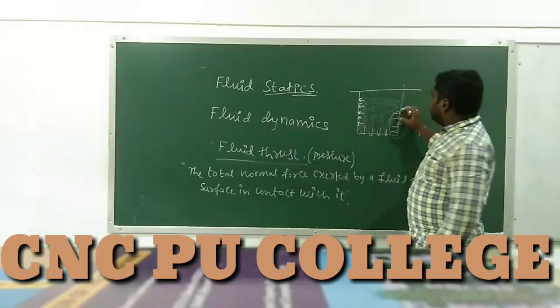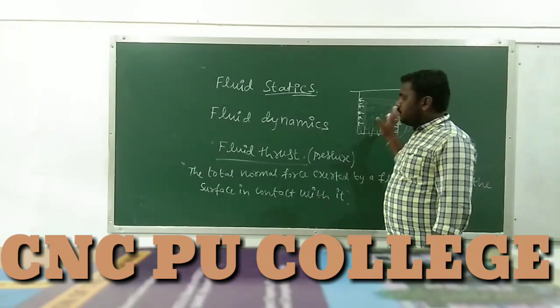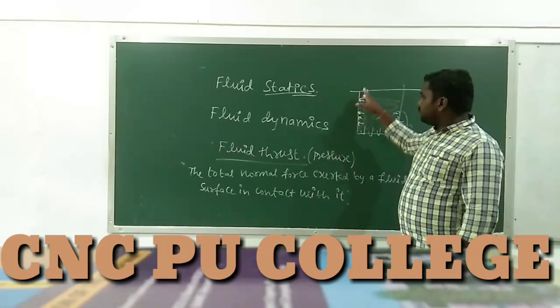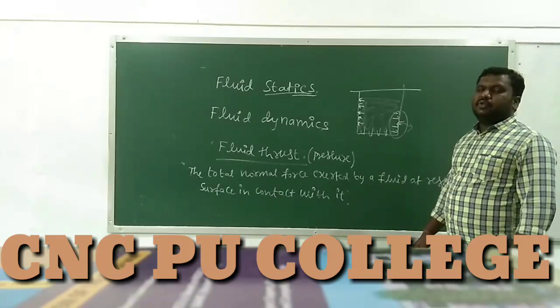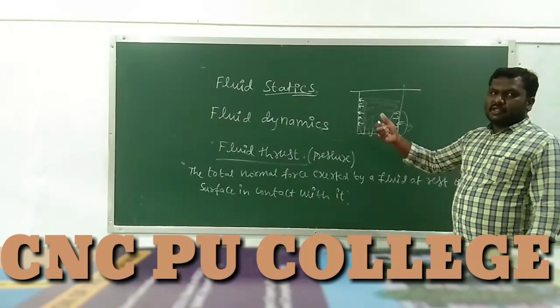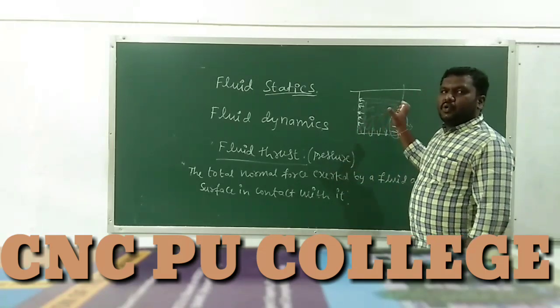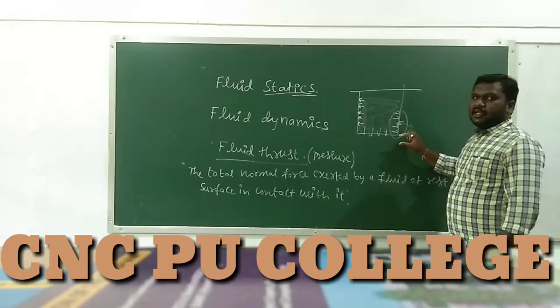If we measure this fluid thrust per unit area of that surface, then it becomes fluid pressure. Fluid pressure means that total normal force measured per unit area.